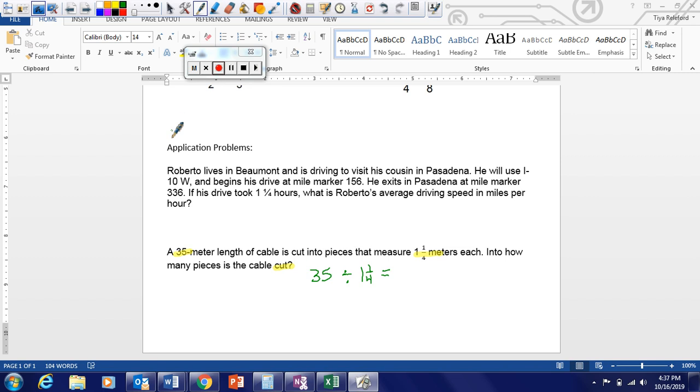So first step is improper fractions. So 35 is going to get a 1 underneath it. And 1 1/4, maybe you still have your work from when you did it up here. 1 1/4 is the same as 5/4. Now we can do step 2, keep, change, flip.